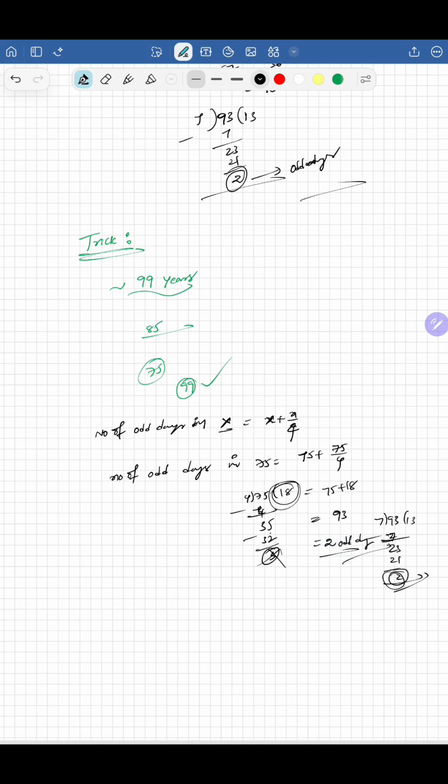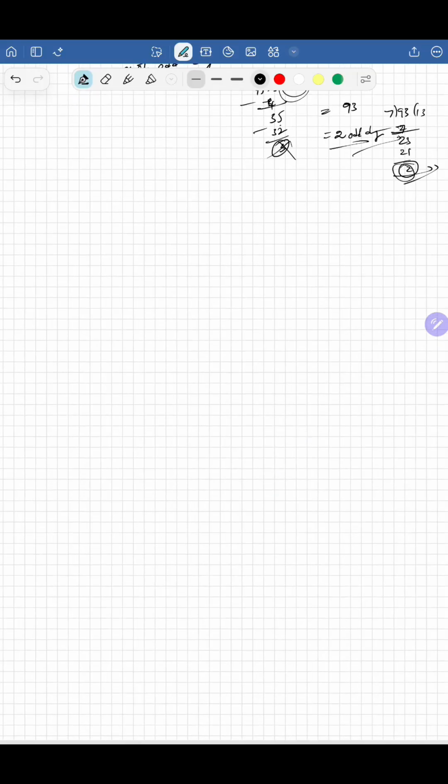How simple it is solving this question. One more question we can solve. Suppose if they are asking us to find out the number of odd days in 56 years, how can you solve? Simple. 56 plus 56 by 4. If you divide 56 by 4, you will get 14.